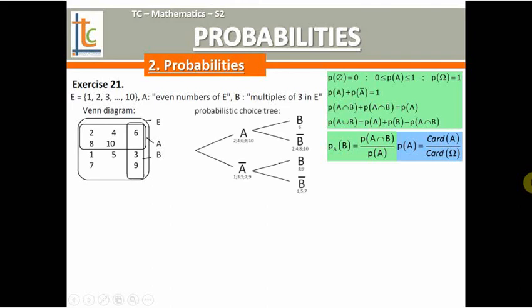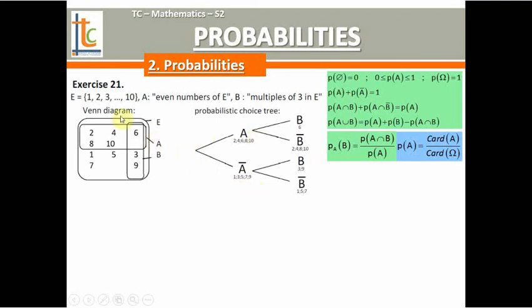Let's display now a new way to show results: a probability choice tree. This is a choice tree that creates a separation between A and A bar in a first level.